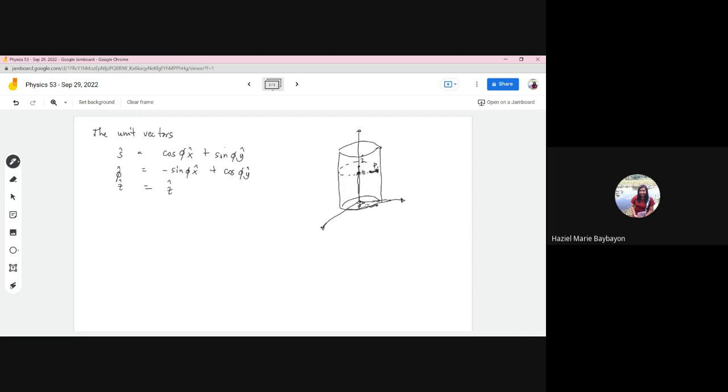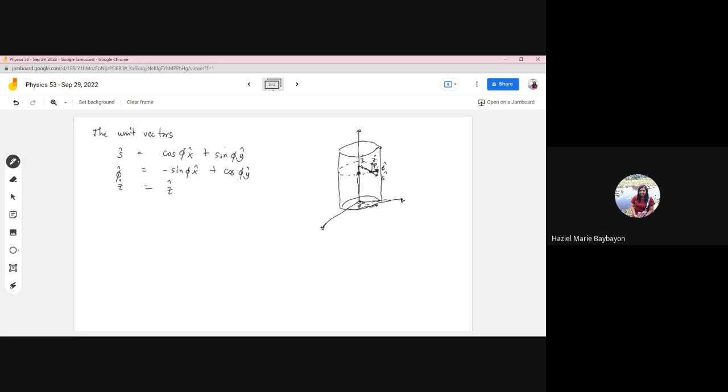And then z hat is pointing this way. And your s hat is from the positive z-axis extending out to the point. So that is the direction of your s hat. These three are mutually perpendicular regardless of where the point is. So your s hat, z hat, and phi hat are mutually perpendicular.